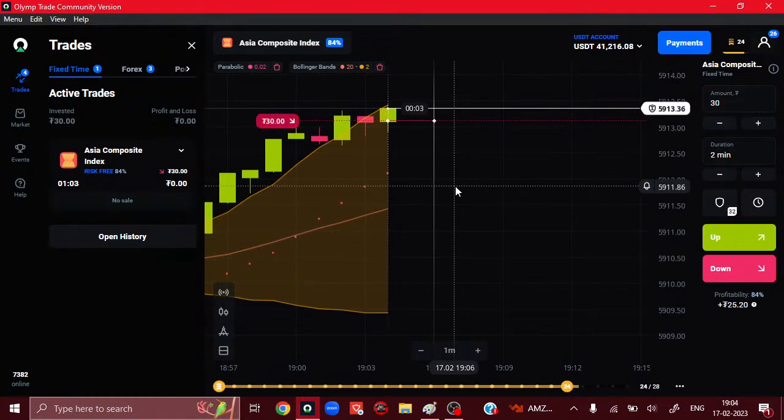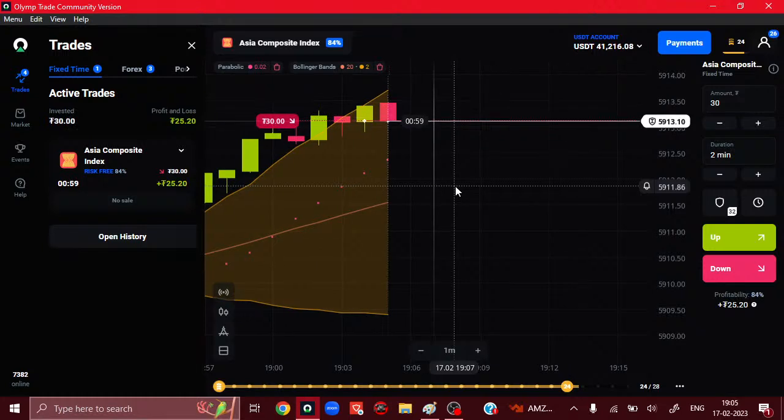So if we win this trade, then I will continue with the same amount. If we lose this, then we will use the martingale. Mohit, okay, Mohit. How many chances do you think would be enough for you to make one successful trade?